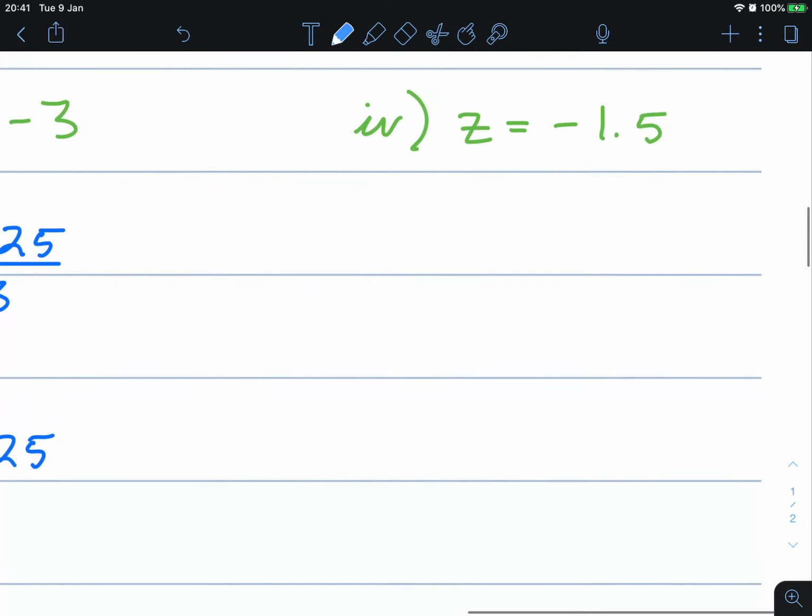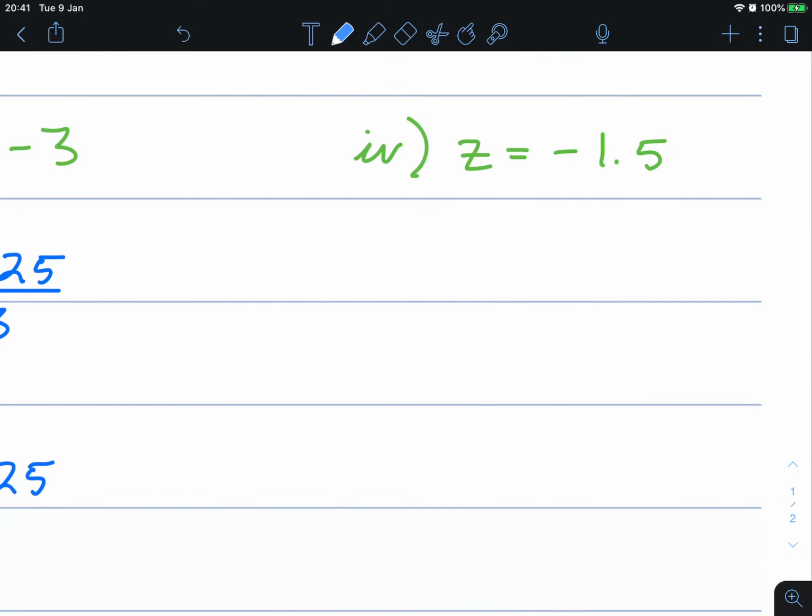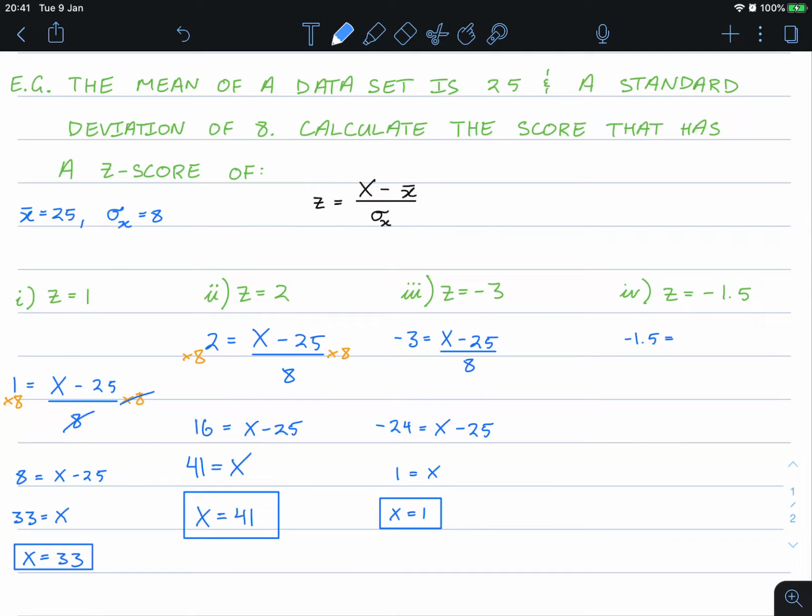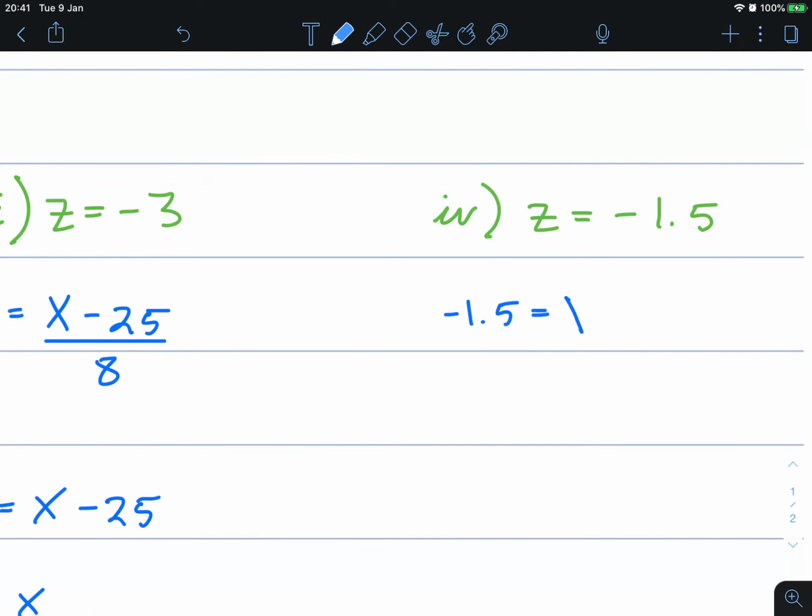One last time. A z-score of negative 1.5, so negative 1.5 is equal to, following our formula, X minus 25, which is the mean, over 8.